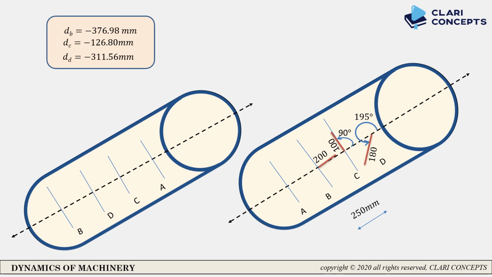After that D, and after that B, from the value of the solution. The distance between A and C will be 126.8, the distance between A and D will be 311.56, and the distance between A and B will be 376.98.